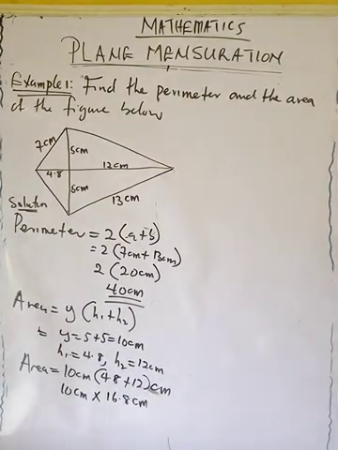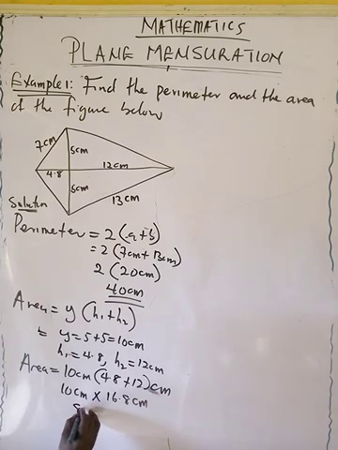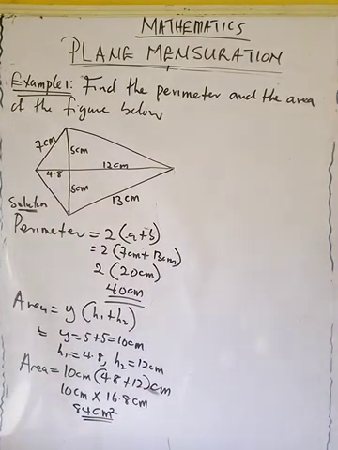So 10 times 16.8 will give us 84 centimeter squared. You can see that this thing is very, very simple.